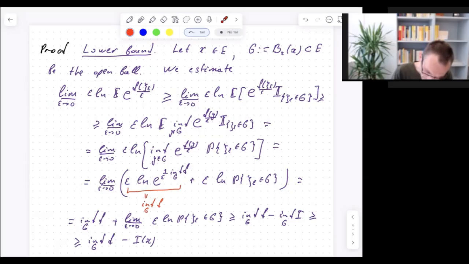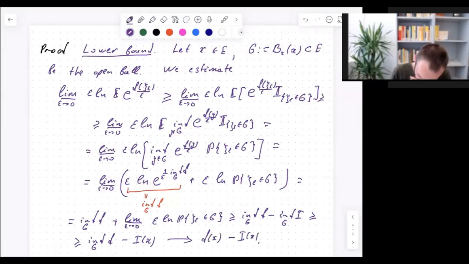But you remember that g is the ball of radius r, where r is any positive number. We can make this r go to 0, and since the function f is a continuous function, you get that the right hand side will converge to f of x minus I of x for r going to 0.